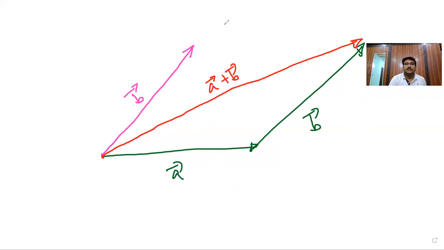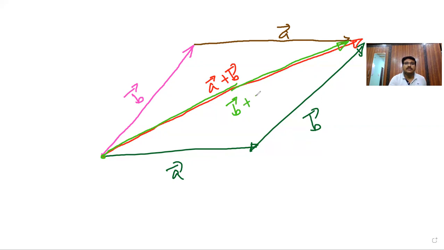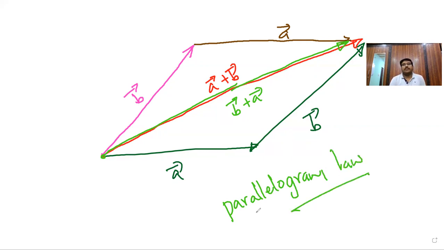This is A bar vector parallel to A bar vector. Again, the final resultant is initial point to final point. This is initial to final, B bar plus A bar. This is nothing but parallelogram law. Okay.